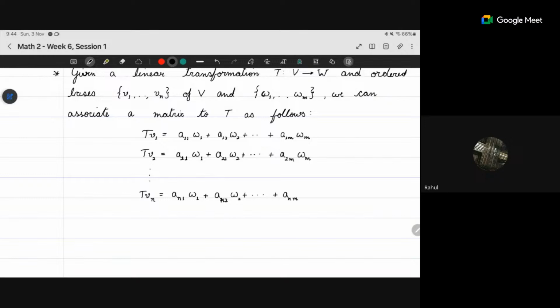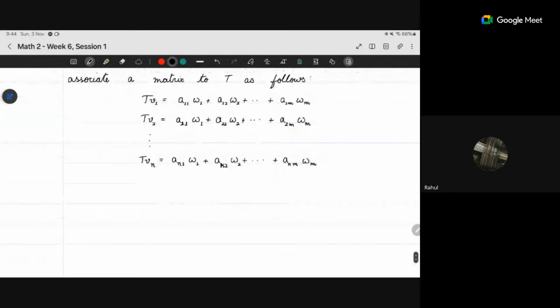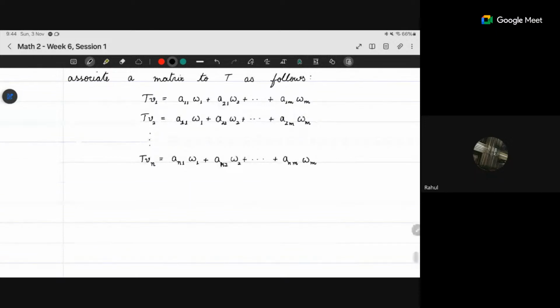M cross N is what I wanted. Okay, I made a mistake, sorry. I will just rewrite this. How do you write matrices? A11, A12, A21 and so on, right? Yeah, this is the correct expression.